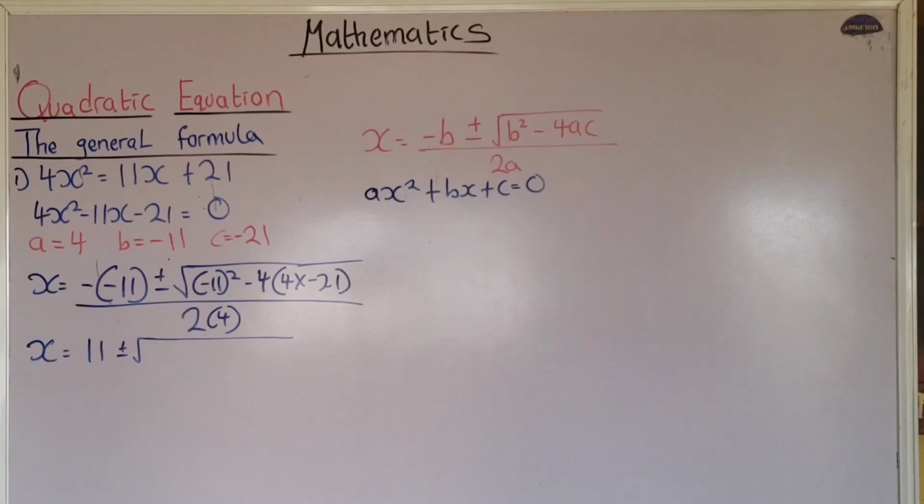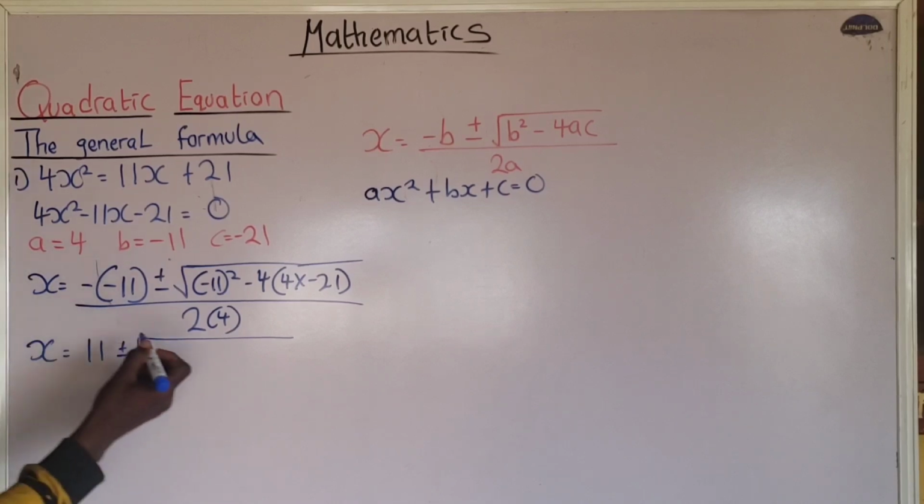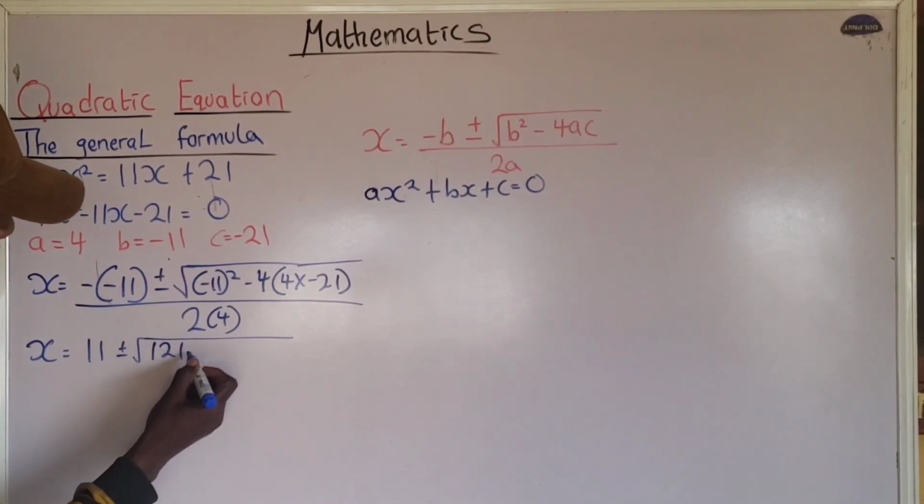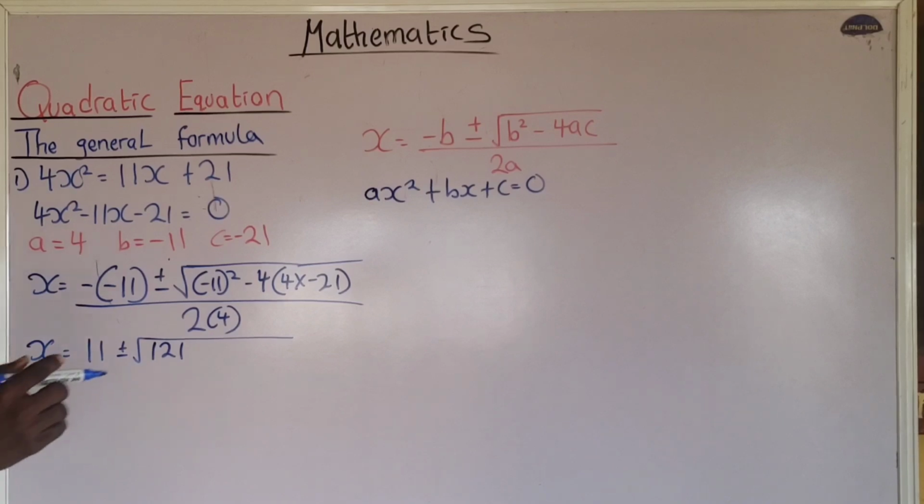Negative 11 squared is what? That is 121, because the product of a negative number and a negative number is a positive number, and 11 squared is 121. So here I'm going to have the square root of 121.